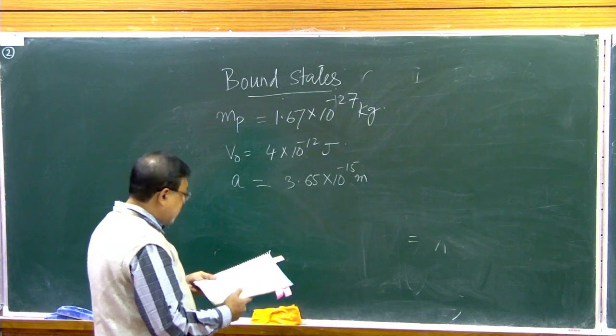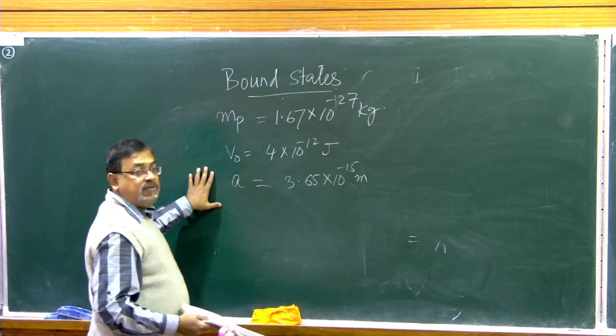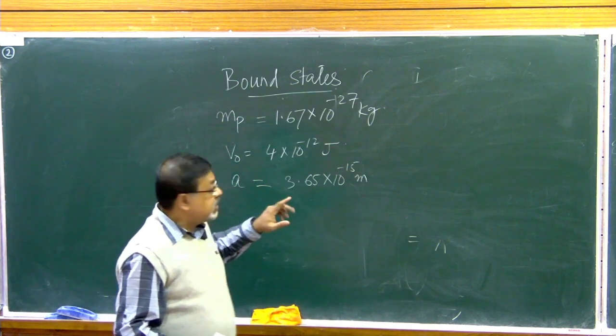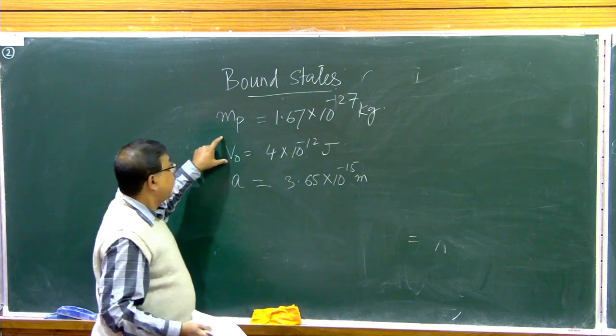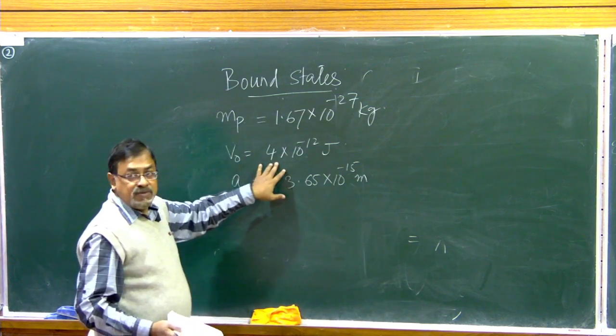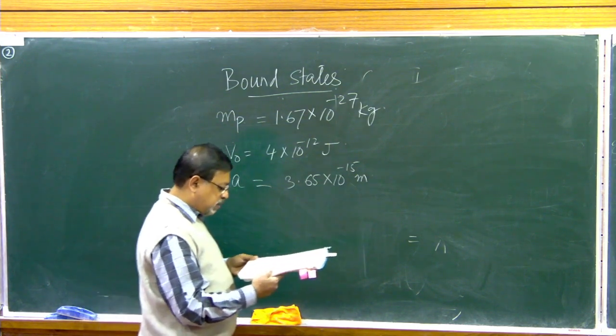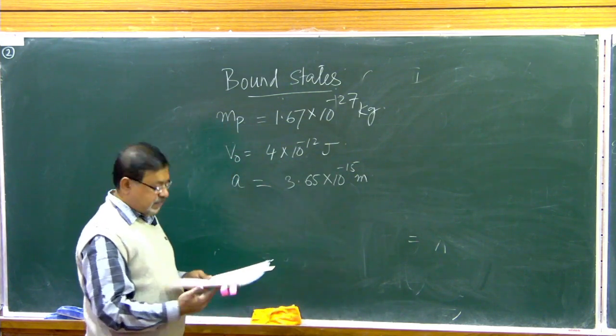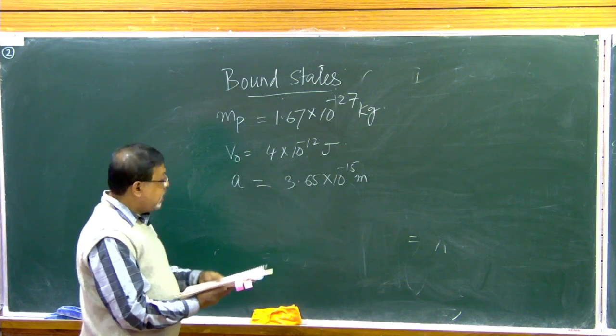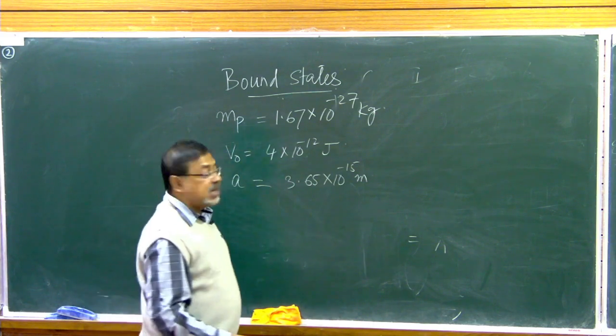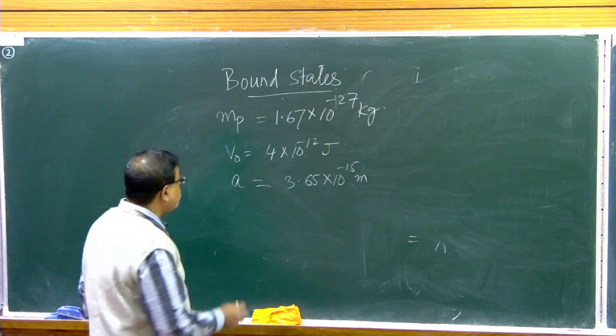These are given for a proton which is subjected to an attractive potential of 10 to the power minus 12 joule, which is nothing but equal to 6.25 MeV. Now the question is, how many bound states are there?